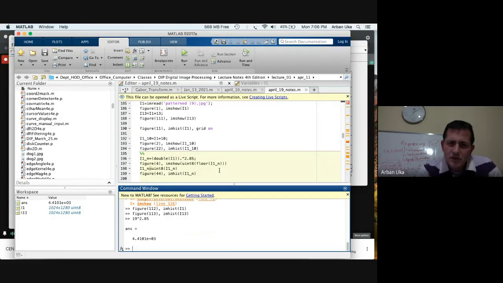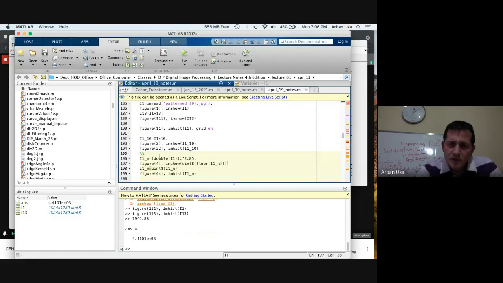Yes, we can try this one. So in principle, we're just converting the original image into double, because it has to be double in order to raise it to a specific power.